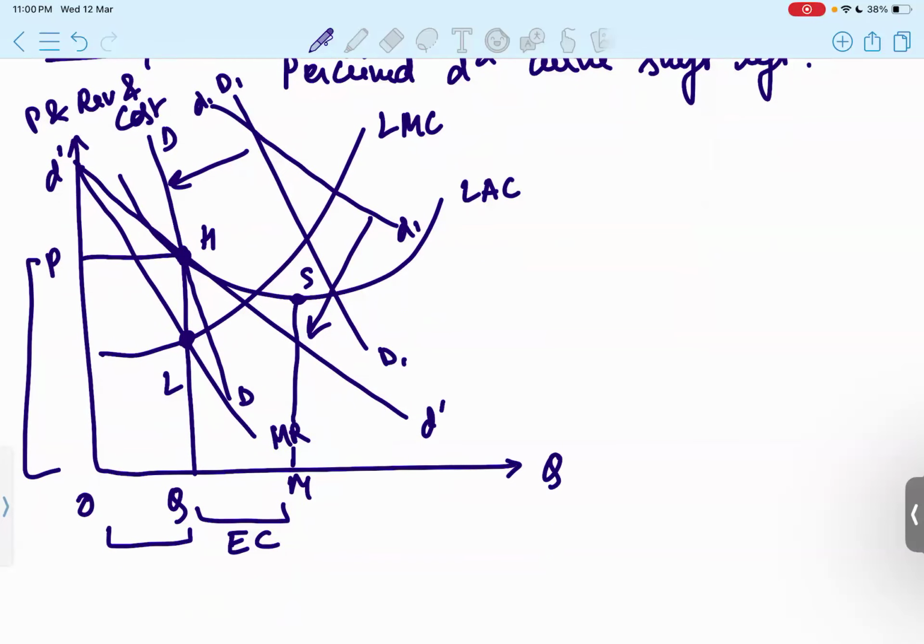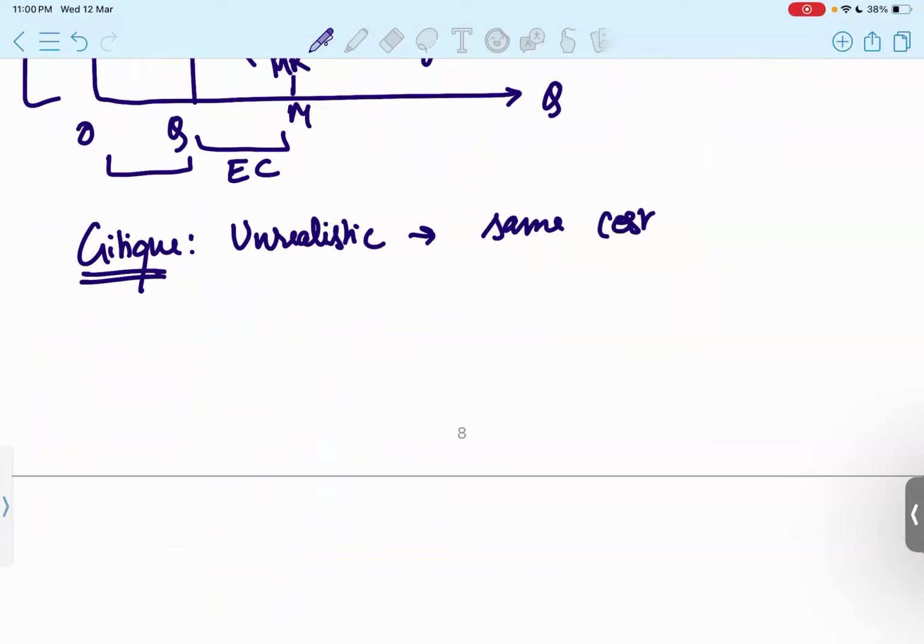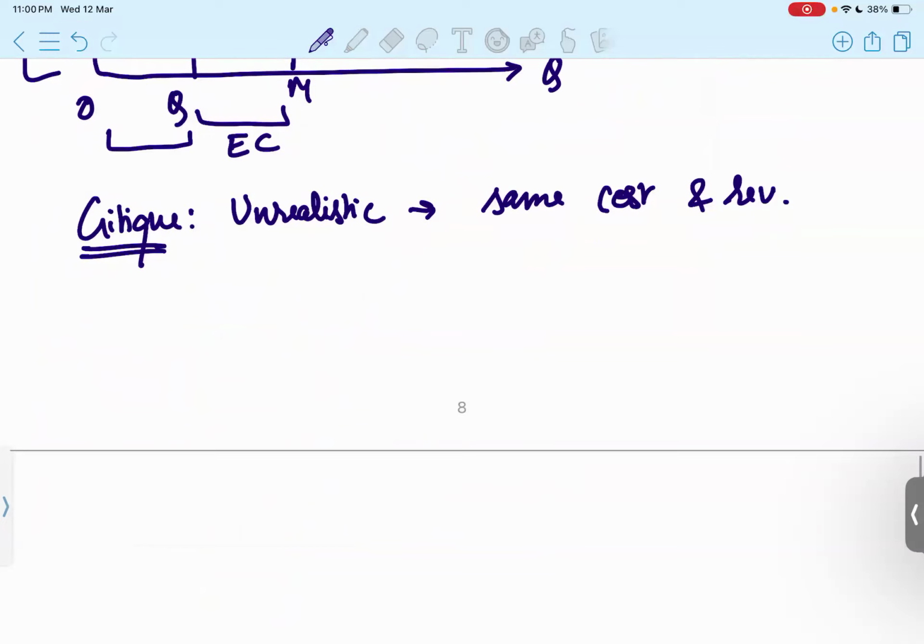So in the end, if we have to critique the shortcomings of even Chamberlin's approach, it is unrealistic in the sense that we assumed the same cost and revenue curves in the beginning, which is not possible in real life. And also we assumed no interdependence, which is also not possible practically.